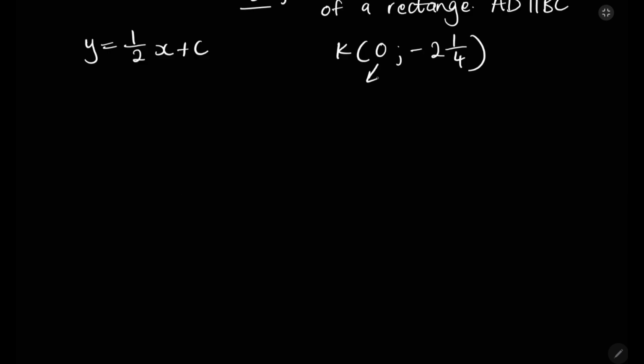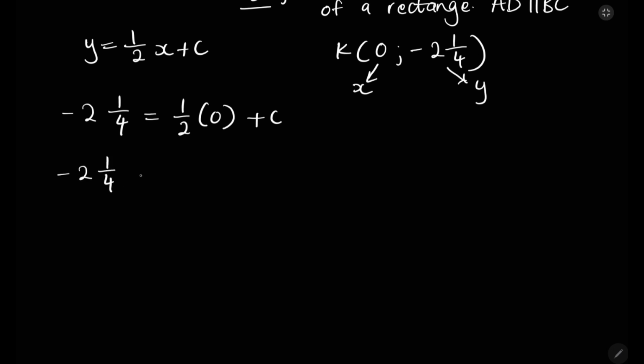And you guys know that that is your x and that is your y. Now let's substitute. Your y will be -2, 1 over 4, as your y is equal to 1 over 2. Your x is 0 plus c. So this is -2, 1 over 4 is equal to 1 over 2 times 0, which is 0. You're left with plus c.